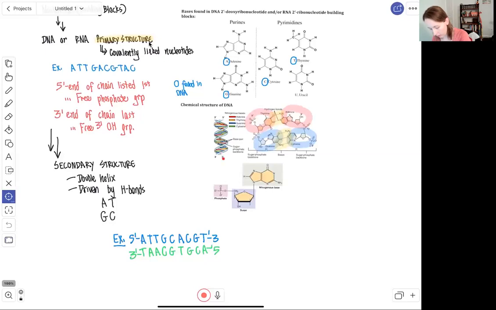This coiled structure that I'm showing in the middle of the slide is the DNA double helix. That double helix is driven by hydrogen bonding. And then the next layer of organization, which is sometimes overlooked but is important when we think about the function of DNA within cells, is that there is a tertiary structure.